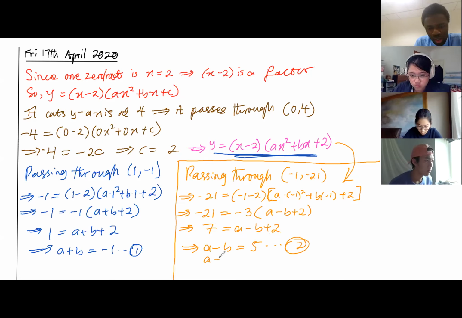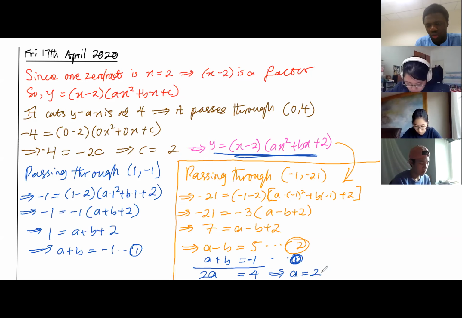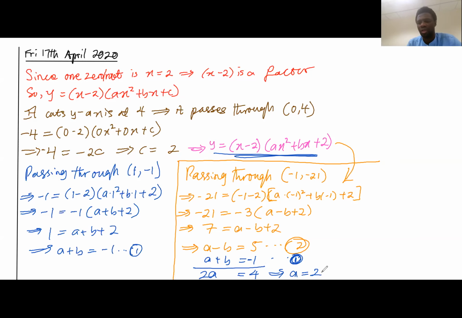So if I bring equation 1 right away, I can add the two equations, and I get 2a equals 4, which means a equals 2. Is that understood? Am I right so far? Please correct me if I'm wrong. I can make mistakes too. Yep, that's right. Am I still right, Mr. Chang?